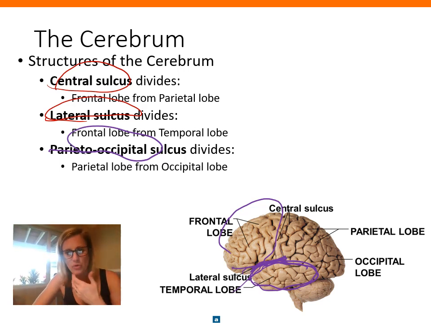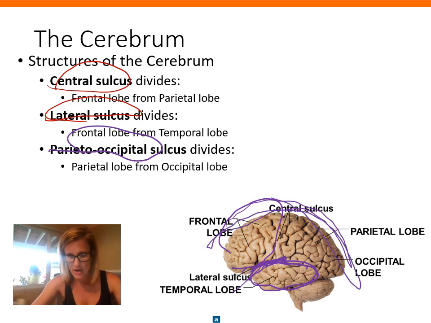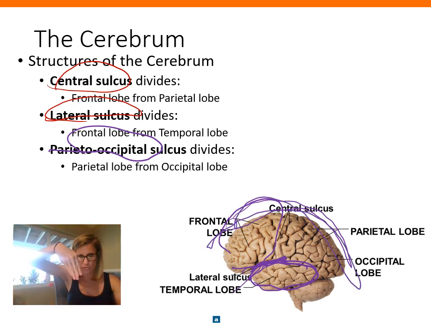This is really difficult to see on the outsides of the brain. It's easier if you separate the 2 halves. So there's this big longitudinal fissure, this big deep groove right here that goes into the brain and separates, so it goes deep like this, and it separates the left and right hemisphere.